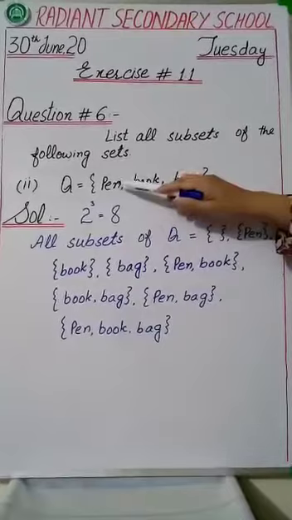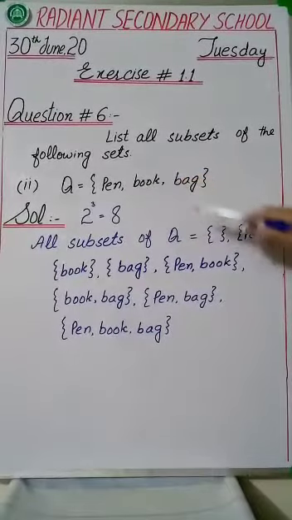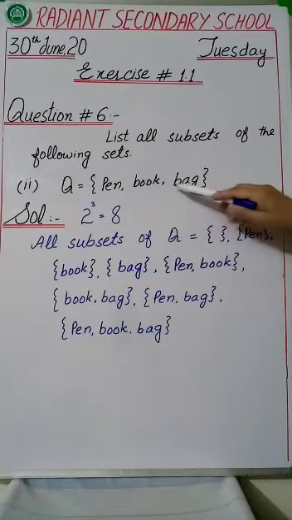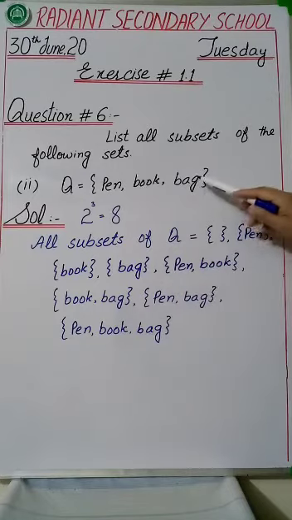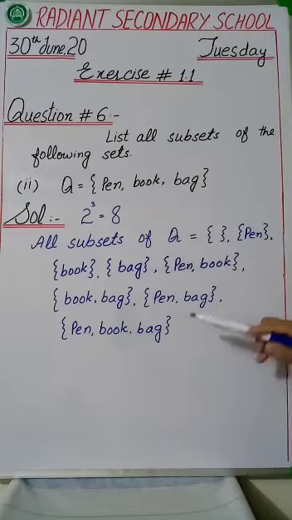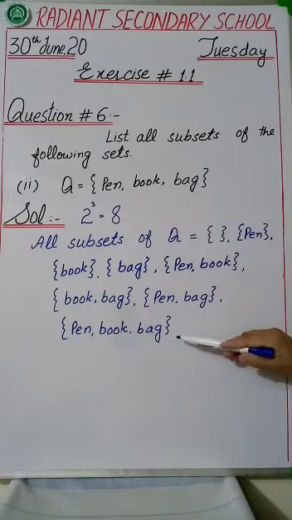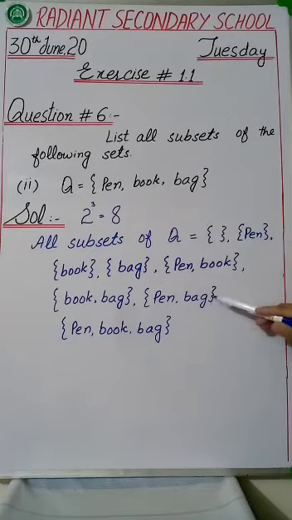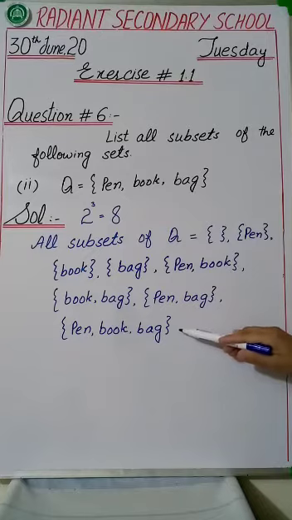The first pair will be pen and book, then book and bag, and then bag and pen. And the last one will be the set itself. So all these subsets are proper subsets of this set Q, but the last one will be the improper subset of this set Q.